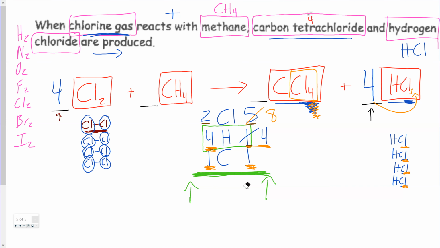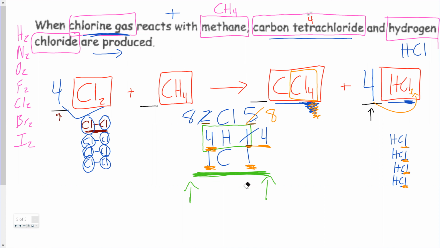That looks like 8 to me. Okay. Easy way is 4 times 2. That gives me the 8. So now that's 8 there. Okay. So now we have what we call a balanced equation, because now I have 8 chlorines on each side. I have 4 hydrogens on each side. I have 1 carbon on each side. This is a balanced equation.